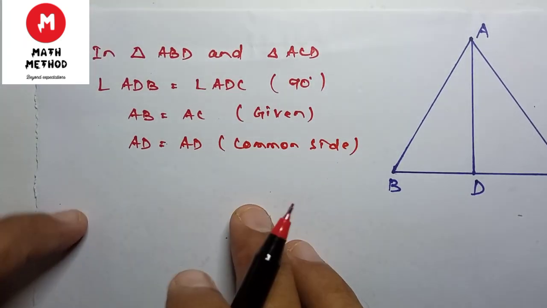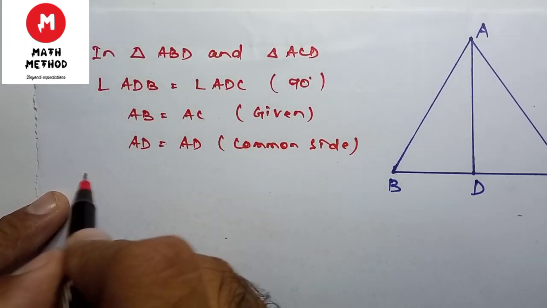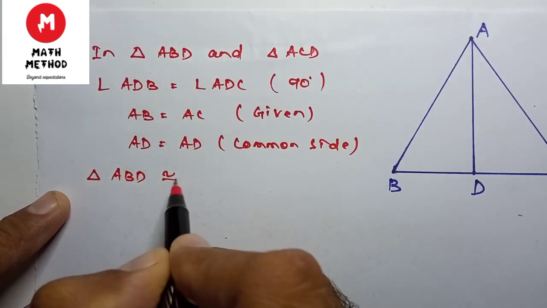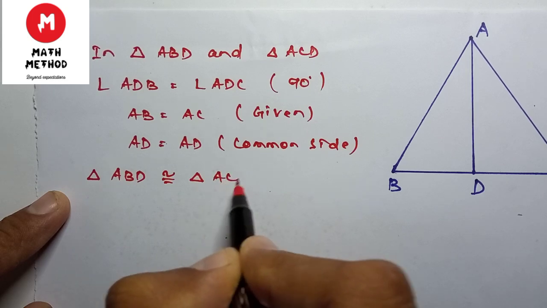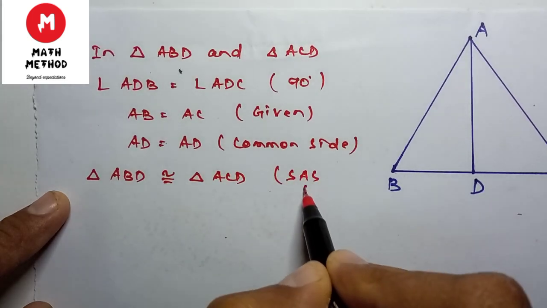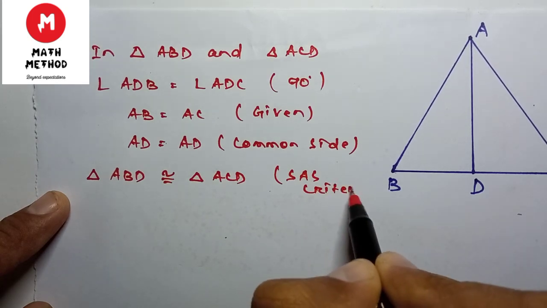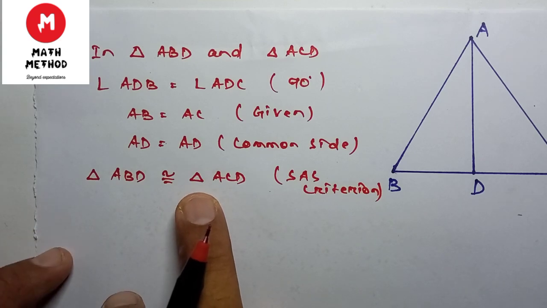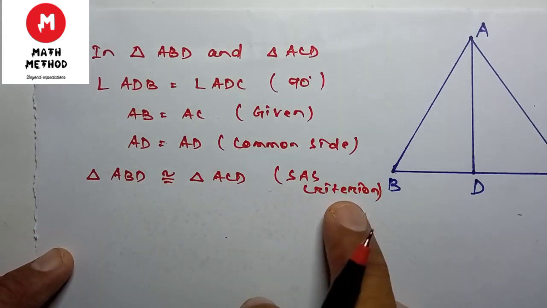Therefore by side angle side criterion, triangle ABD is congruent with triangle ACD. This is our SAS criterion. Clear? So triangle ABD is congruent with triangle ACD by RHS.